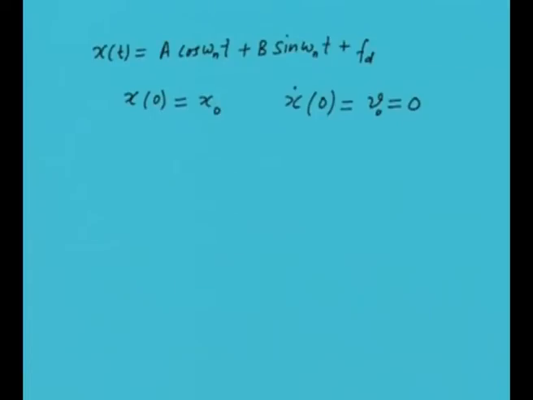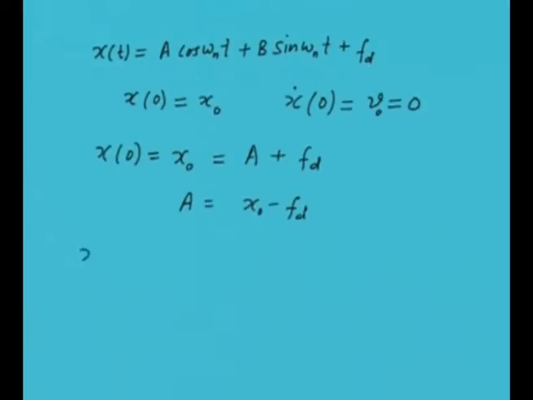At that time the velocity is 0. So these are the two boundary conditions. If we satisfy the first one, we get x naught equals A plus F_d, because the sine term will be 0 for this. So from here A equals x naught minus F_t.